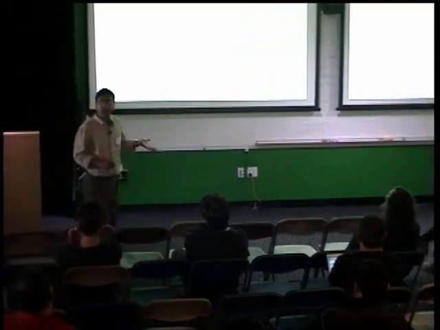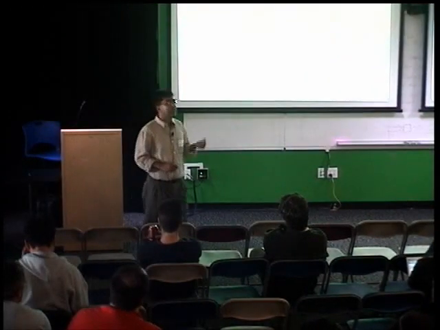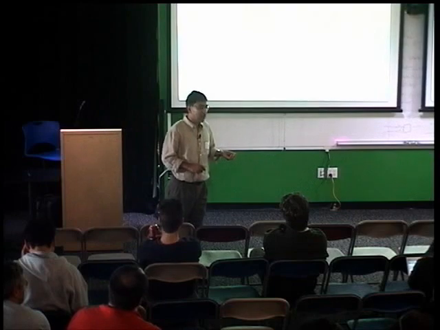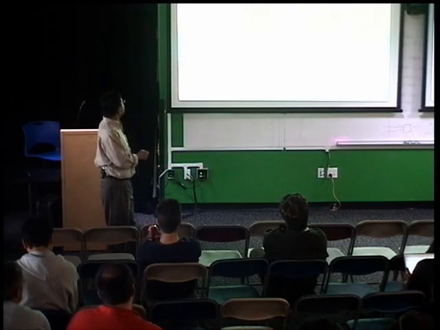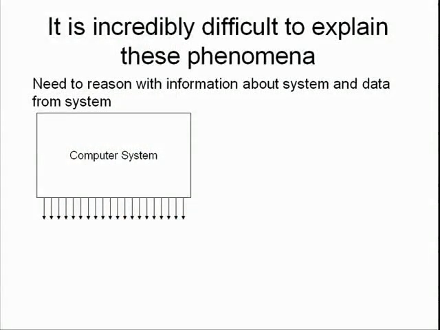In particular, to figure out what exactly is happening in the underlying machine, you need 2 things. First of all, you need to have a deep knowledge of what that computer hardware actually does. And you need to be able to collect data from the computer hardware that allows you to test your hypothesis.